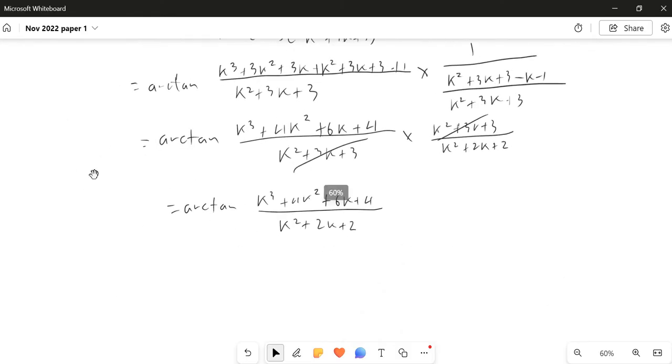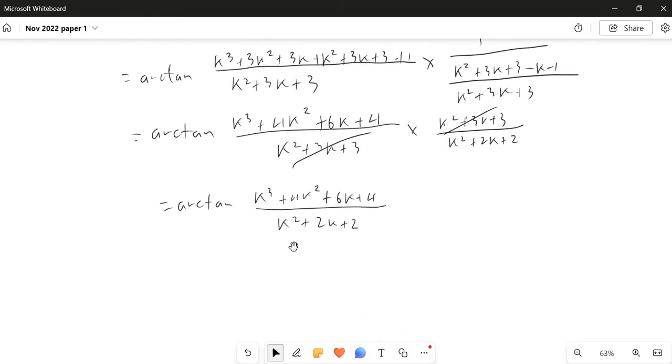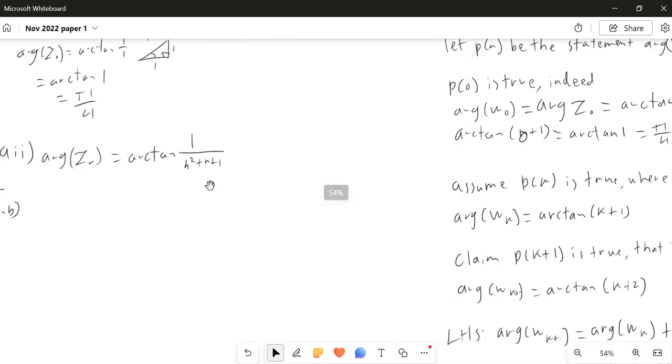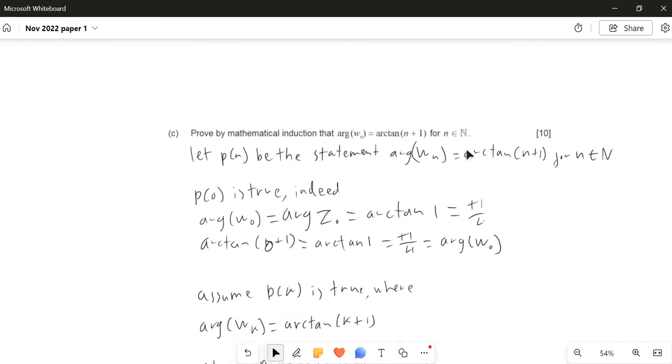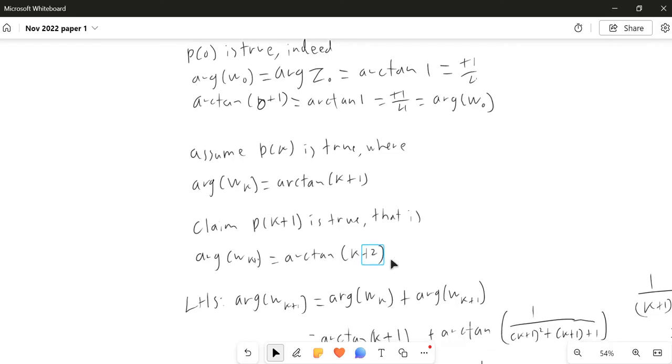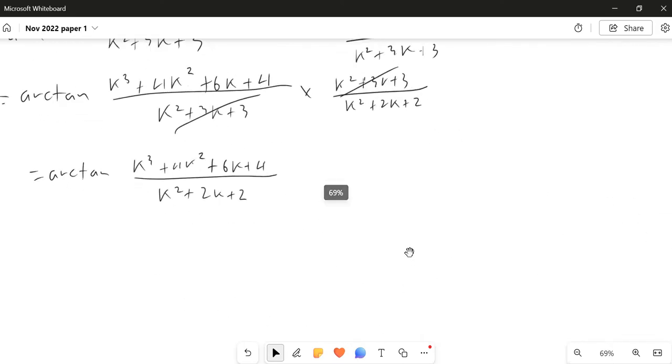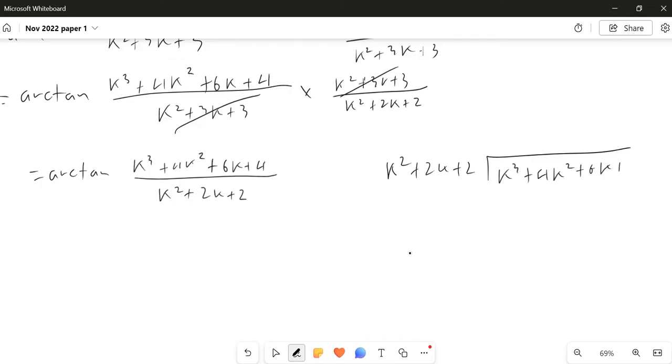And then if you did everything right, you can kind of just assume that this is going to be divisible by this, because it should eventually lead you to this form of k plus 2. So I'm just going to do long division just to see if it actually is. So k squared plus 2k plus 2 into k cubed plus 4k squared plus 6k plus 4.